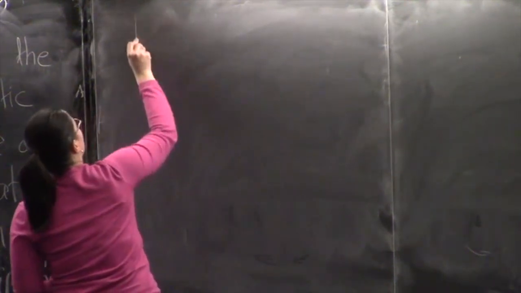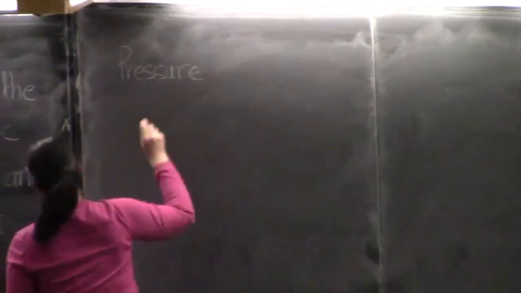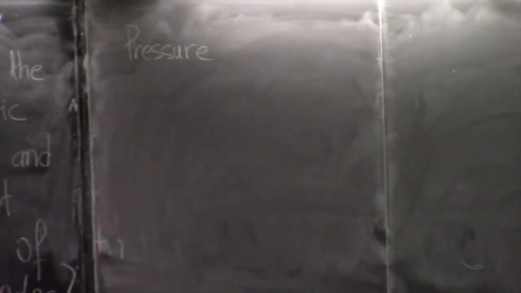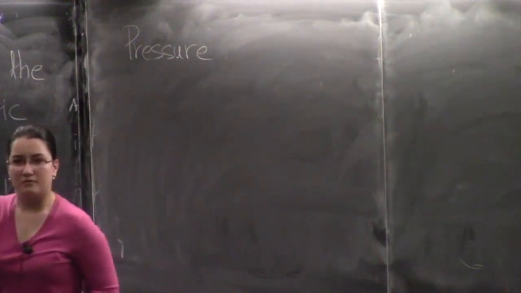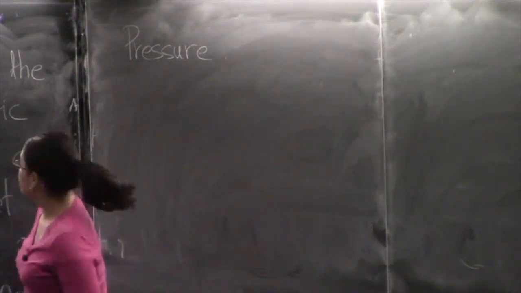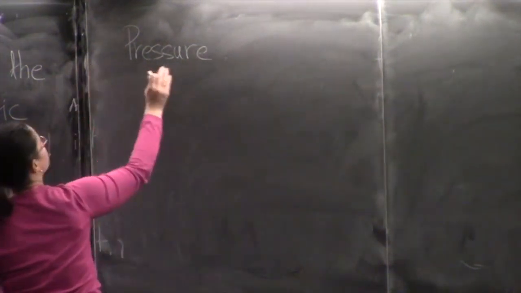So basically, to compute the pressure, we need to add two things. There is a pressure coming from the oil, and there is a pressure coming from the water. So let's account for both of those, as seen from the bottom of the cylinder. So what is the water pressure?